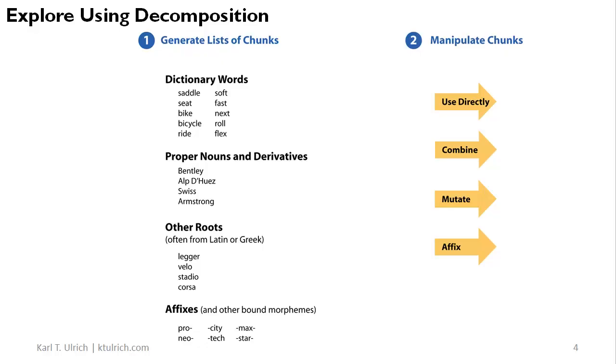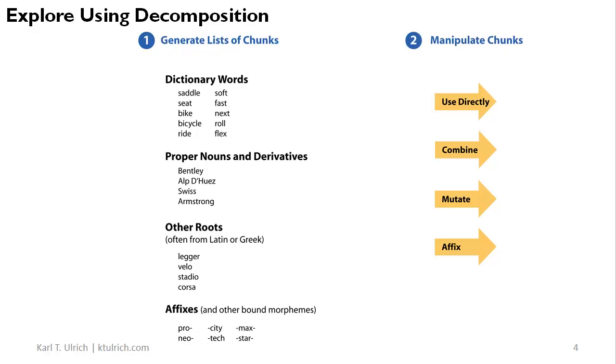And then affixes, which are other text elements that can be affixed or attached to the name. For instance, pro, neo, city, tech, max, or star. You then take this list of chunks, which you generate somewhat exhaustively as all the elements of text that could be related to your artifact, and you manipulate them.